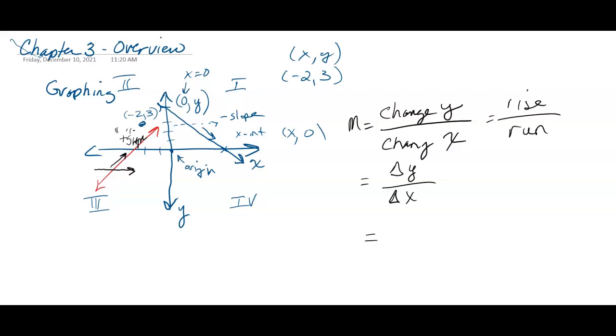And of course, the equation you're familiar with. How do you get that change? Well, after selecting 2 points, you take y sub 2 minus y sub 1, and then subtract the x values, starting with, of course, the same point first. Keep it consistent, over x sub 2 minus x sub 1.